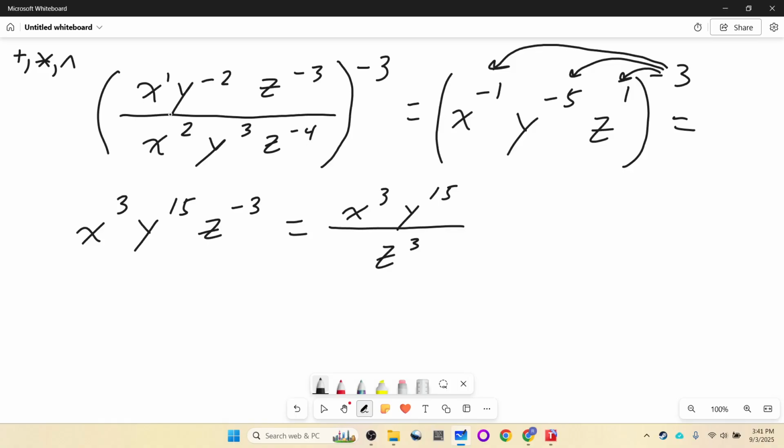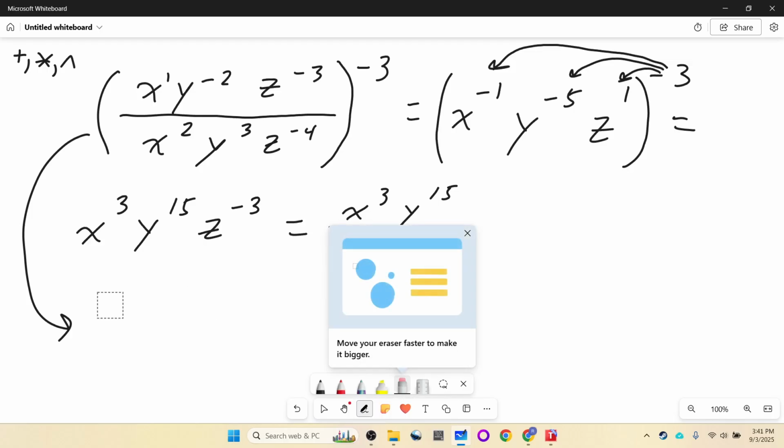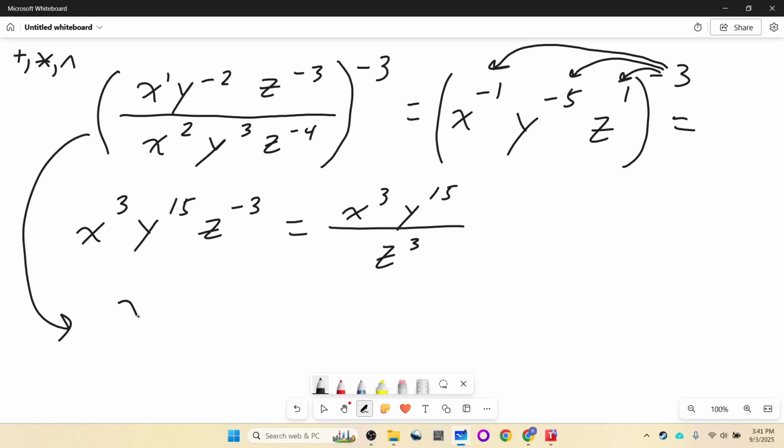Another way to think of this here would be to say move all the negatives. If you tried to flip all the negatives, you could make it x squared y third on the bottom, and then that y to minus 2 could move to the bottom, the z to minus 3 could move to the bottom, z to the 4 could move to the top, and then subtract.